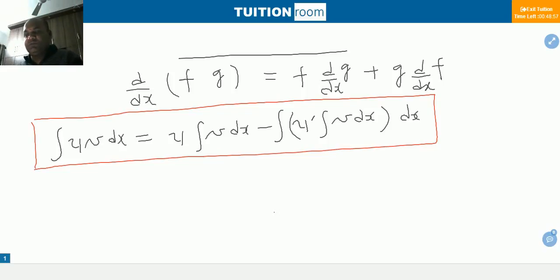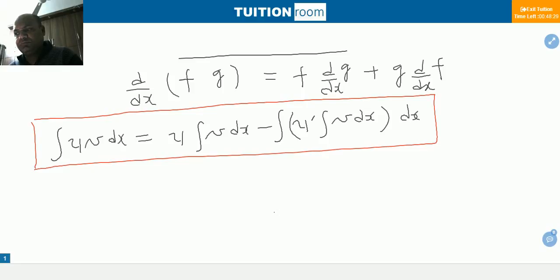Okay, then guys, I am going to tell you, there is a product of two functions. The first function is u and the second function is v, and this is a product of these two functions, and we have to apply the integral formula.